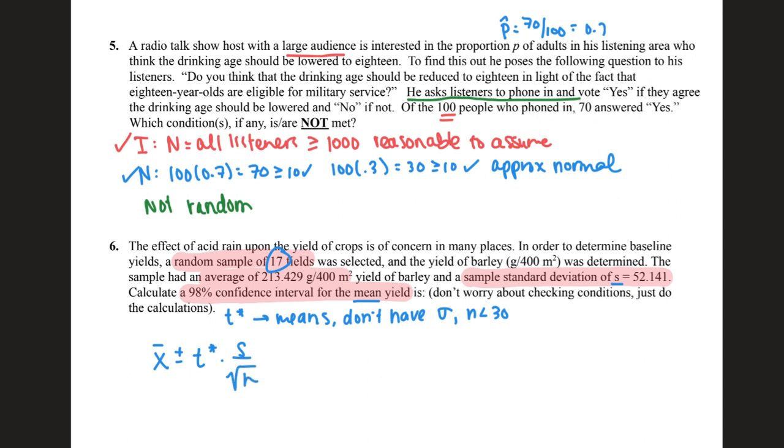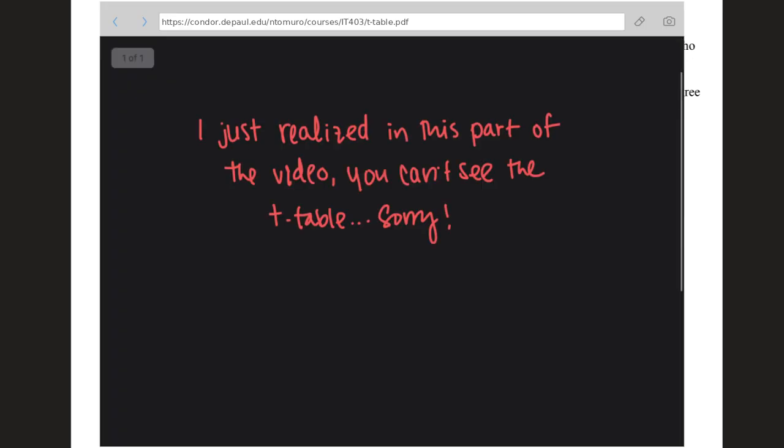So let's figure out what these numbers are. So starting with x bar, that's our sample mean. So that's going to be this number right here. So it's going to be 213.429 plus or minus. So now we need to determine the t star value. So in this case, we're doing 98% and our sample size is 17. So I'm going to pull up the t table. All right, so here's our t table.